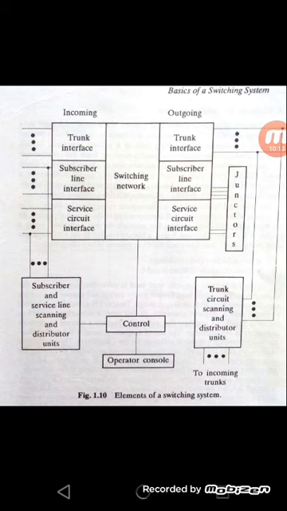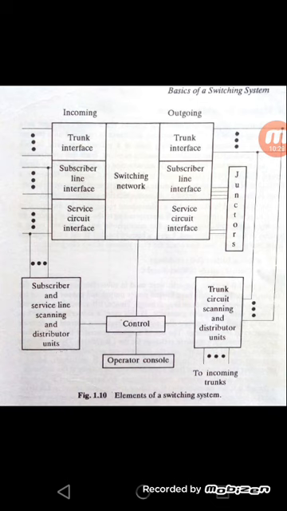Next one is service line scanning. The service line scanning units sense and obtain signaling information on the respective lines.